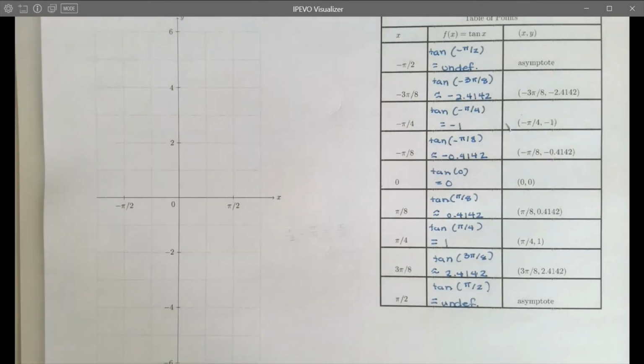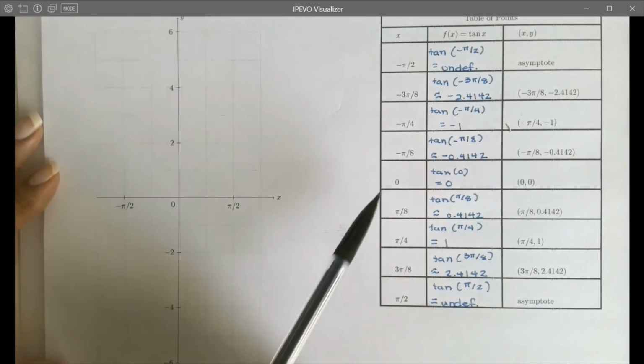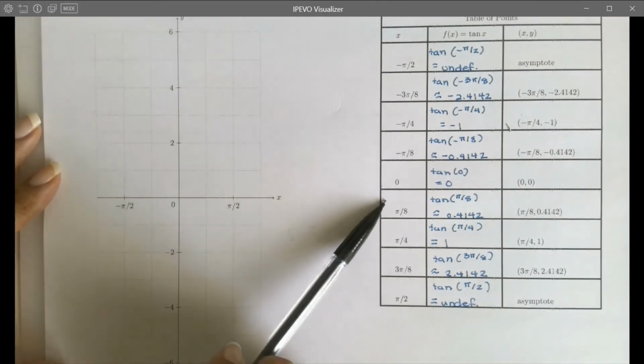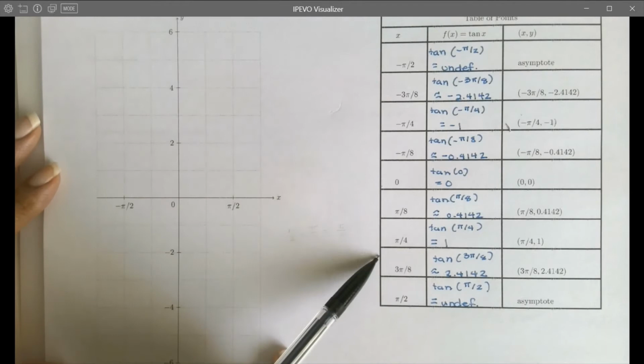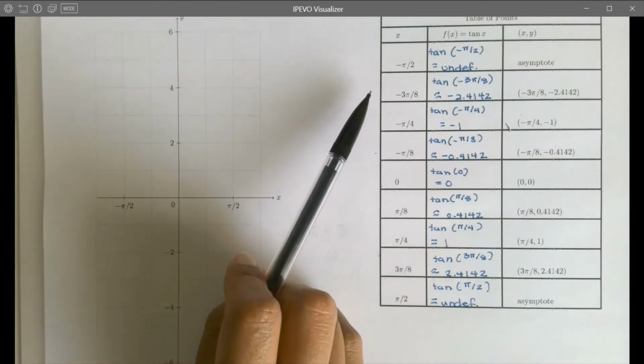Before I actually plot the points, I want to consider what x values I need to be able to identify on the x-axis. Look at these x values. We need to make sure that we know where is pi over 8, where is 3 pi over 8, where is negative pi over 8, and negative 3 pi over 8.